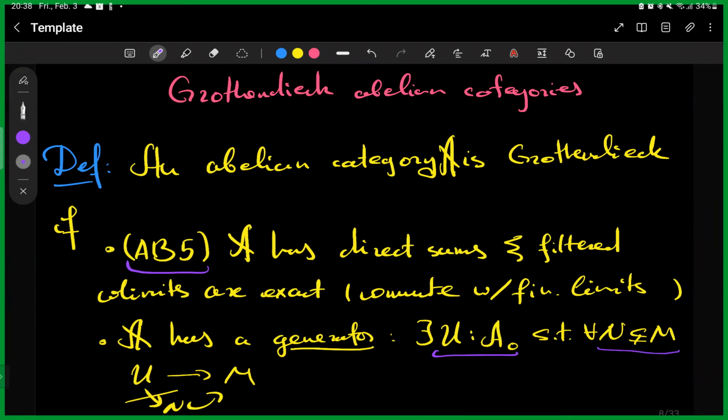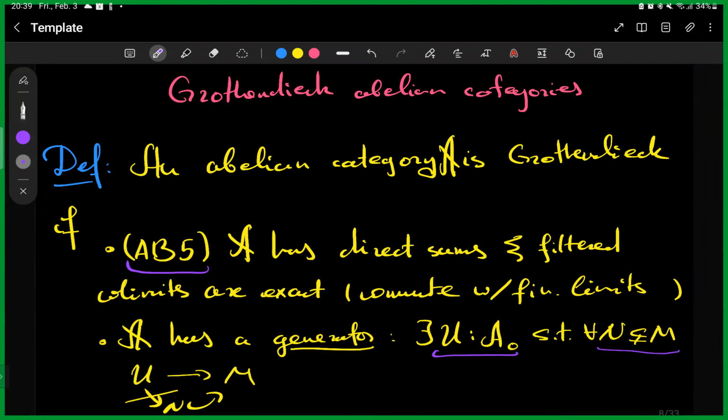And I guess it can be reformulated in terms of conservative collections, but I don't think that we'll need this. Maybe we'll discuss it some other time, but the idea is that a generator or a collection of generators in a category is sort of a collection of test objects that allow you to distinguish morphisms.